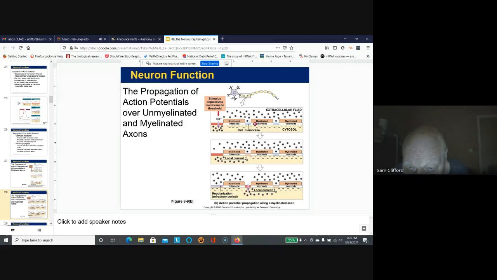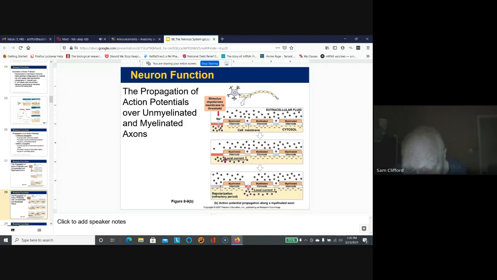If we have a myelinated axon, we have this insulation, and at these insulated areas, there can be no movement through this part of the membrane. Because you have these nodes, the current jumps from node to node.